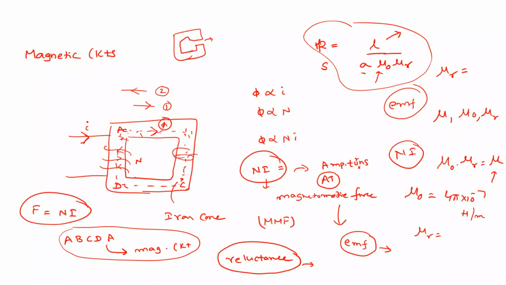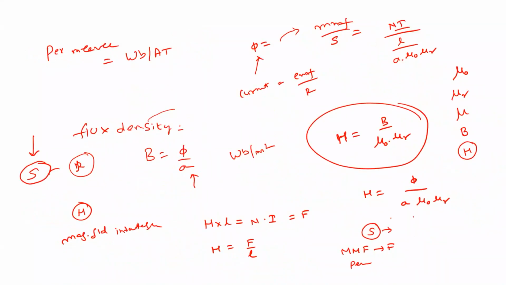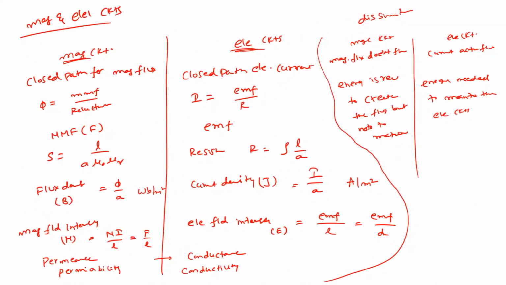To set up the flux, we need to energize this magnetic core, or this winding. In the case of the electrical circuit, once you remove the energy, automatically the current will become zero.